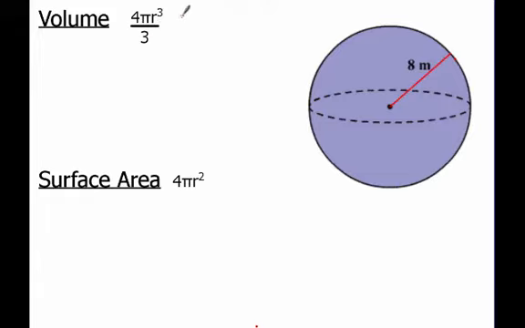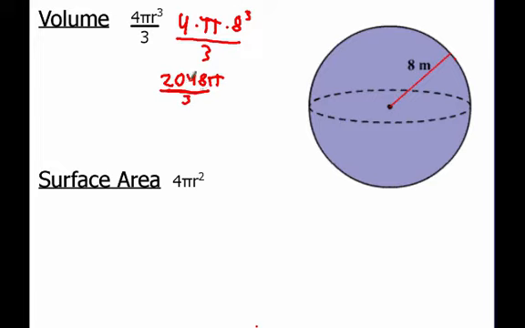So if we work this out, we're going to do 4 times pi times 8 cubed, all divided by 3. So 8 cubed gets us 512, times 4 gives us 2048 pi divided by 3.